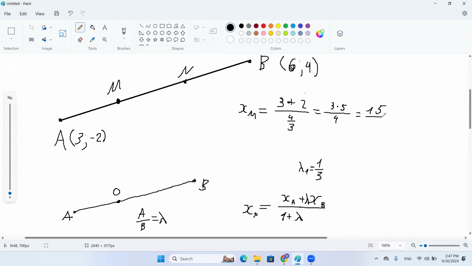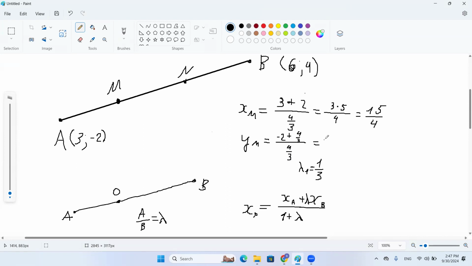And what about y? So let's finish the calculation just for this point, and we will finish. Okay, minus 2 plus 4 divided by 3, and all divided by 4 divided by 3.